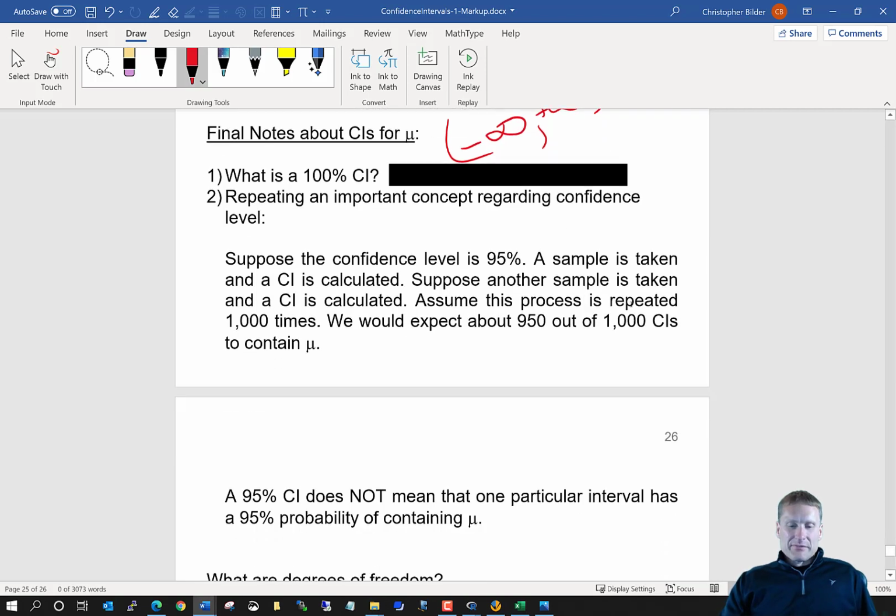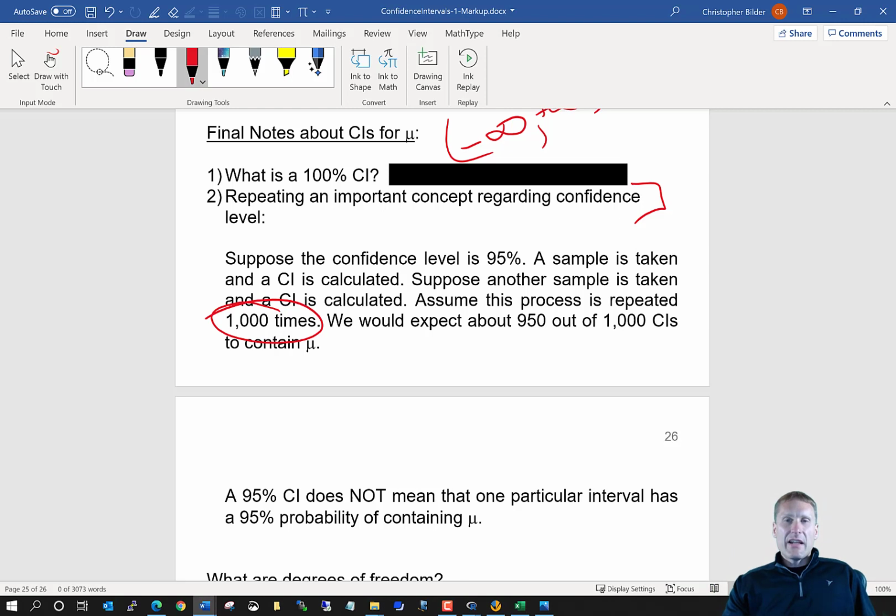And lastly, let's think again about what a confidence level means in this repeated sampling context. Suppose I have a 95% confidence interval that I want to calculate. So I go out and take a sample, I calculate the interval. Suppose I go out and take another sample, calculate the interval. Suppose I keep on doing this a lot of times, maybe 1,000 times.